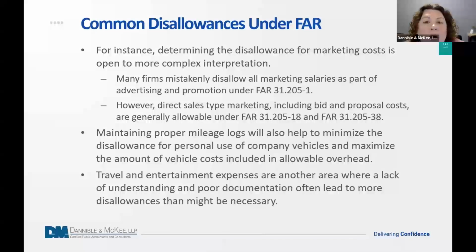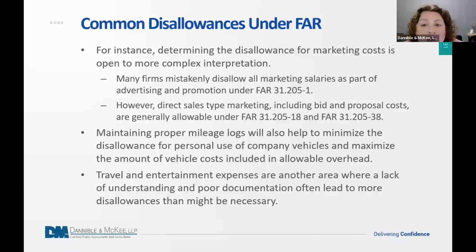So we talked about advertising. Marketing, obviously an unallowable cost, unless it's for proposal costs. However, one thing that people forget is if you have a marketing director, those salaries are considered unallowable costs under advertising and promotion. Those are all costs that you need to back out.